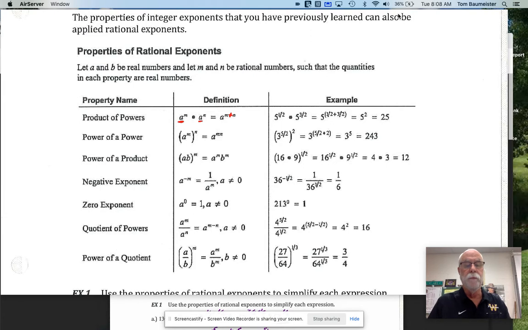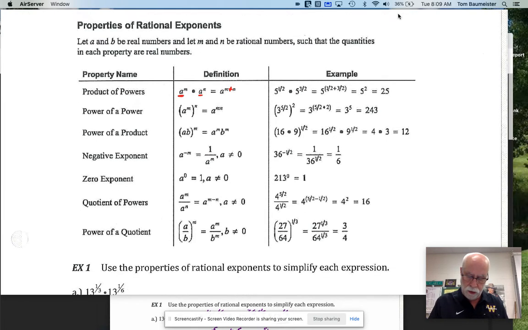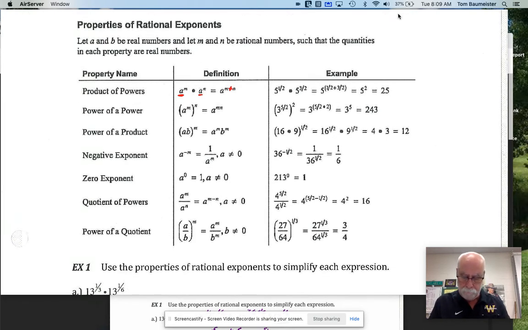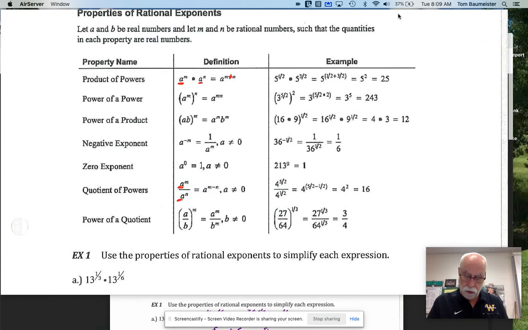That one can't happen. Quotient of powers, again, when the bases are the same, right? In this case, then I would subtract the exponents. So I'll have m minus n. And then the power of a quotient, again, is kind of like the power of a product.